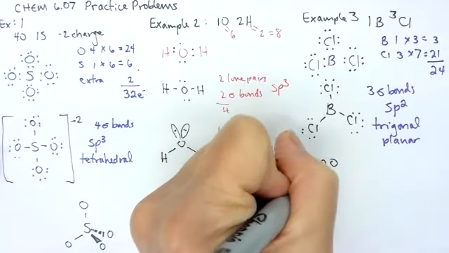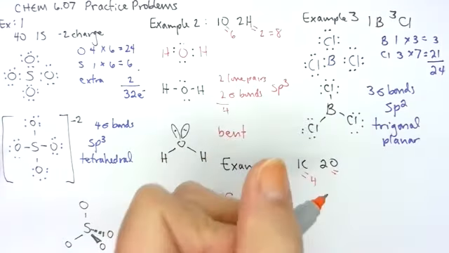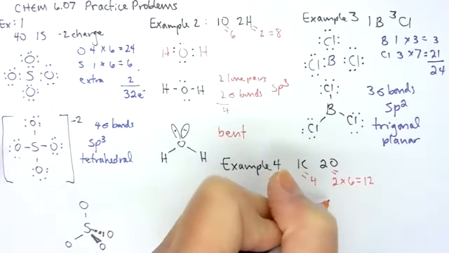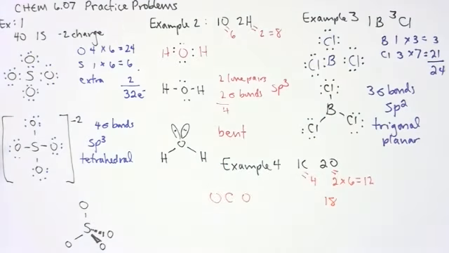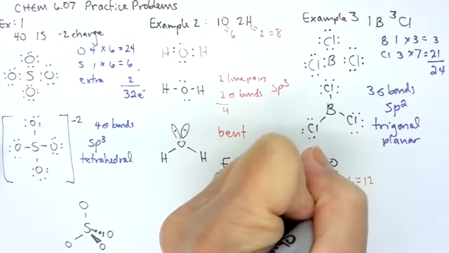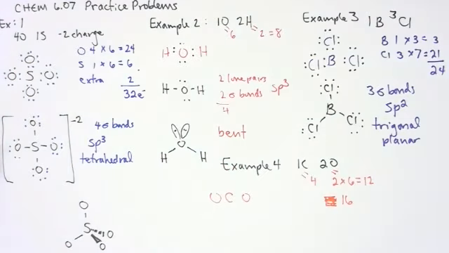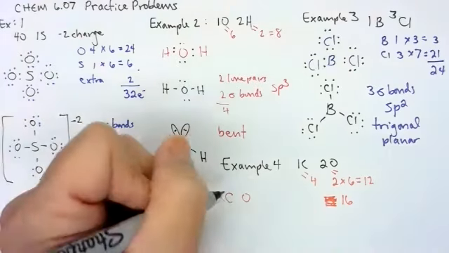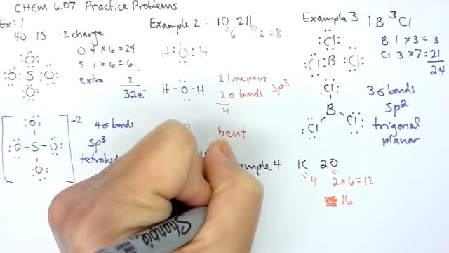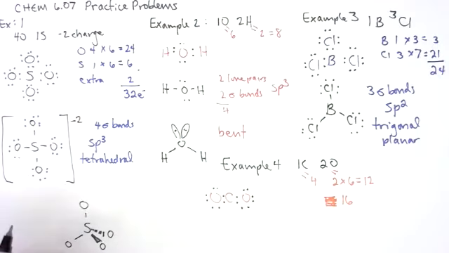So carbon has 4, oxygen, I have 2 of those, so that's going to be 2 times 6 for 12. So I'm going to have a total of, check my mental math there, 16 allowable electrons.